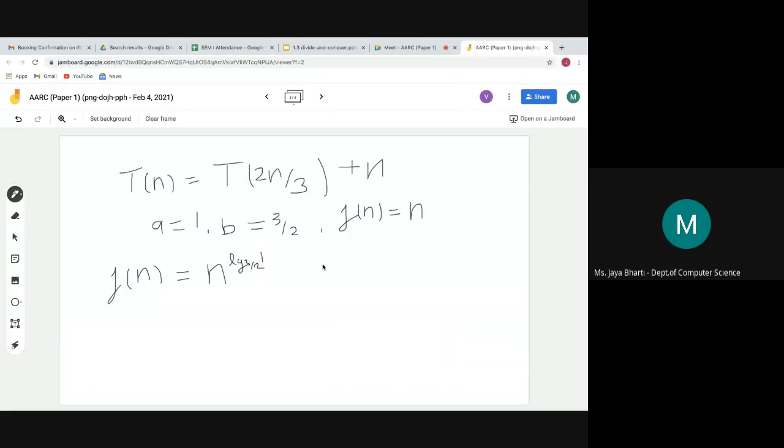Okay, so अगर log 1 है so it will be 0 only. अगर ये log 1 हो रहा है हमारा, बेस कुछ भी हो, doesn't matter, so this whole thing will be 0. समझ आया ना, क्योंकि हमारी a की वैल्यू 1 है, तो जब हम a की वैल्यू और b की वैल्यू यहाँ पे पुट करेंगे तो बेस हमारा 3/2 होगा, but it will be log 1 base 3/2. सो log 1 है तो it will be 0, so this whole thing will be 1. ओके, सो अभी हमारा f of n कितना है? f of n is n.